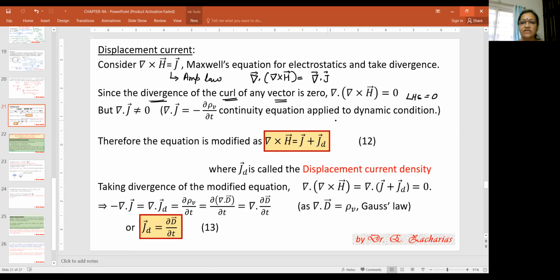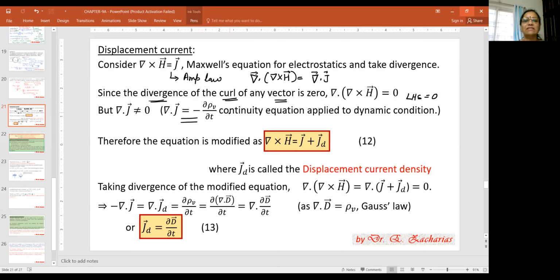When you come to the right hand side of this equation, you find that del dot J is not going to be equal to 0 in dynamic condition. In static condition, yes, del dot J was equal to 0, but in dynamic condition, del dot J is not equal to 0. How do you know this?